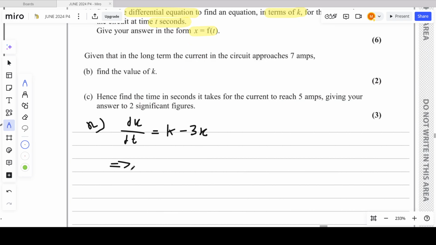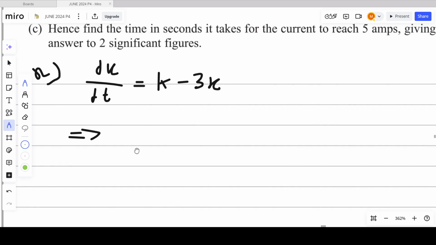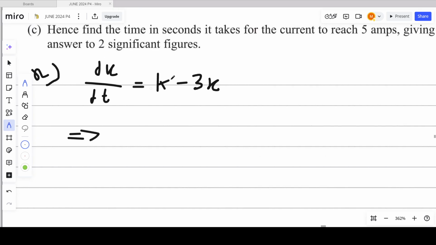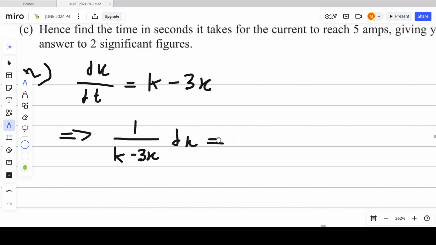There is dx, so we take the whole k minus 3x on the left, because it's a summation and can't be separated. That would be 1 over k minus 3x dx equals dt.